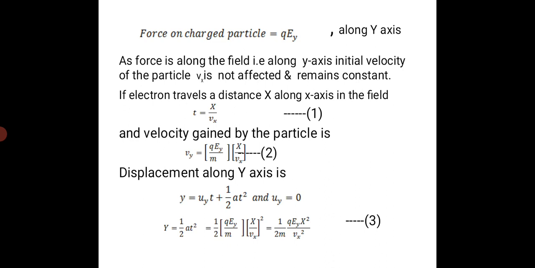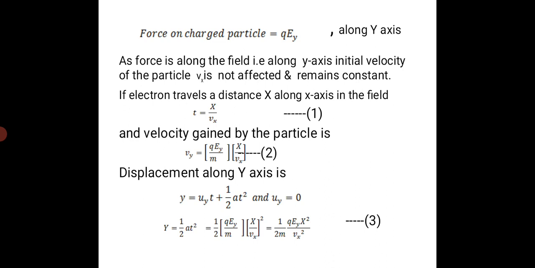The displacement along y-axis is y is equal to ut plus half at square. As the motion is in y direction, it is taken as y equal to uy t plus half at square, and uy is equal to 0. So y equal to half at square, which is equal to half, in place of a, acceleration is QEy by m, and t is replaced by x by Vx.